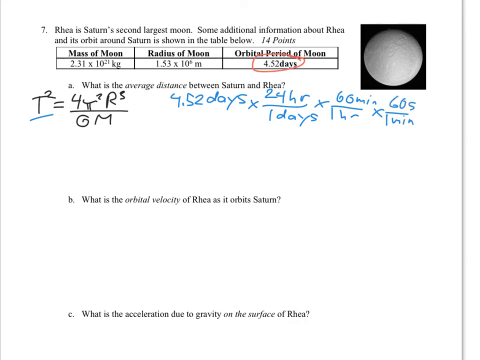And so that ultimately allows me to go from days into units of seconds. And when I do that, I end up getting a period of 390,528 seconds. So that's what I'm going to end up using as my period in this equation.